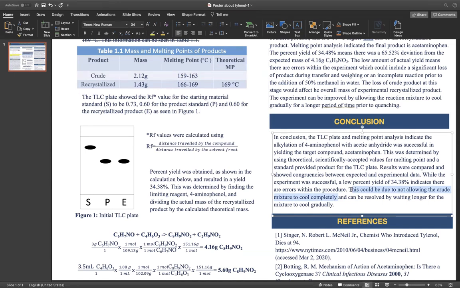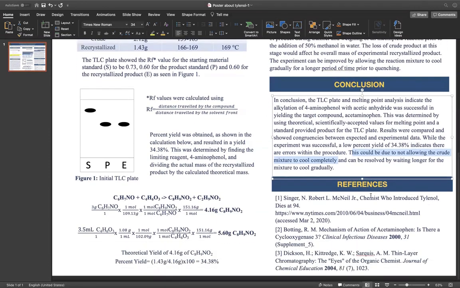That wouldn't really be a source of error. If it wasn't cooled completely, or if it was cooled too quickly, then the product would have a whole lot of impurities within it. But then when it would be recrystallized, that would take care of that. So sometimes those are not good sources of errors, but you guys don't have to worry much about that, since you're not running the actual experiment.